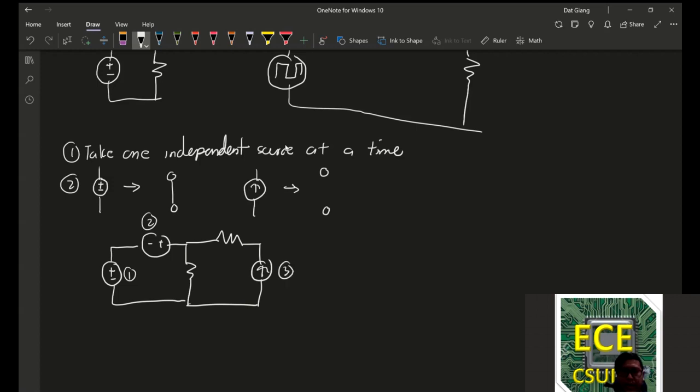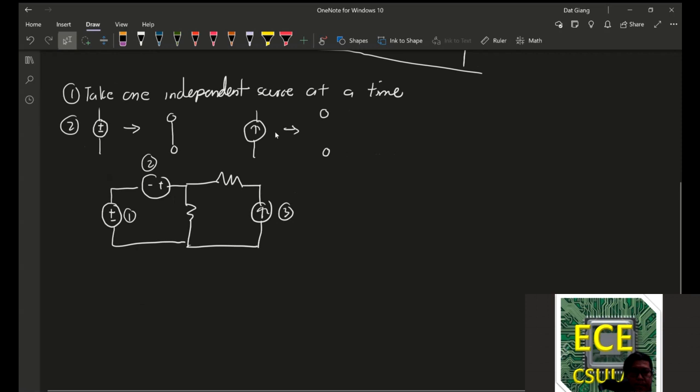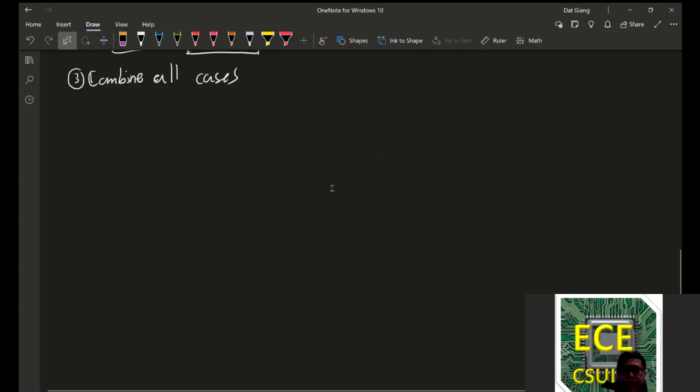Therefore, kill one at a time, evaluate how that affects that circuit, and then move on to the next case until you get to your last case, to which you then combine all cases. And that's it. So to practice this, let's demonstrate it using an example. Suppose you have the following circuit.